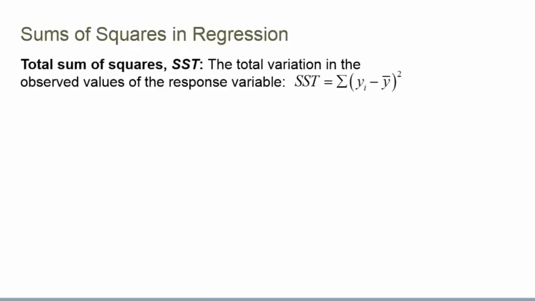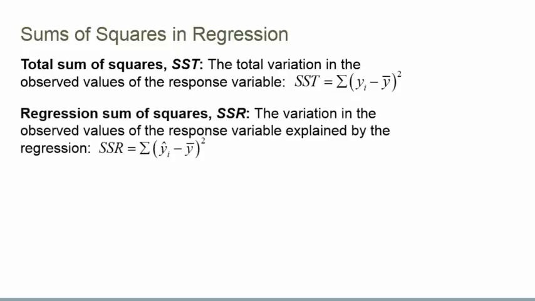We need those values so we can find the total sum of squares, which is abbreviated as SST. That's the total variation in the observed values of the response variable. SST equals the sum of (y sub i minus y bar) squared.